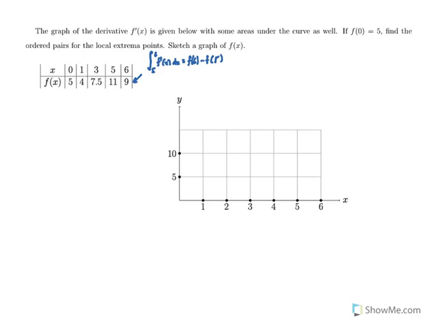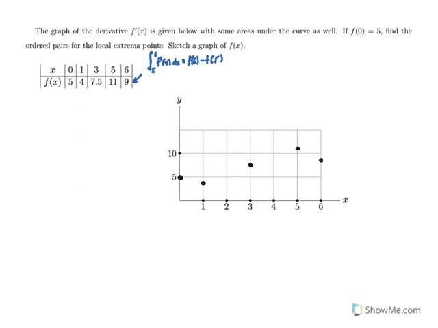Well, first let's plot those points in the function. We have f of 0 equals 5, f of 1 is 4, f of 3 is about 7.5, f of 5 is 11, and f of 6 is about 9.